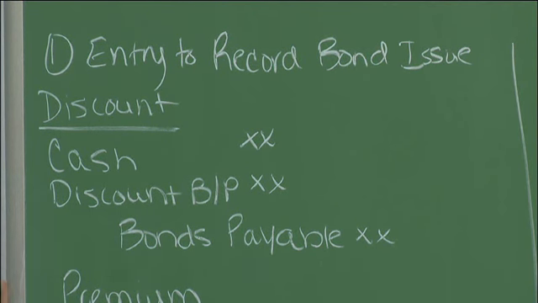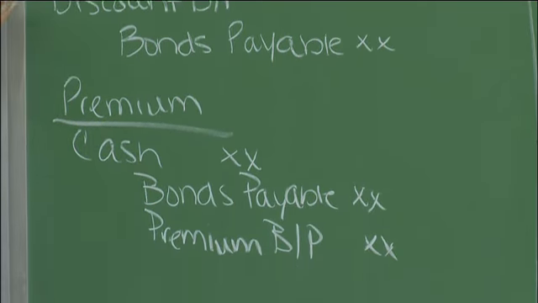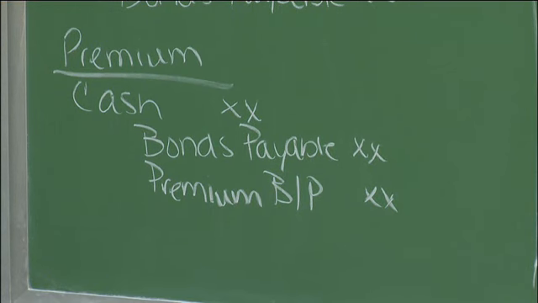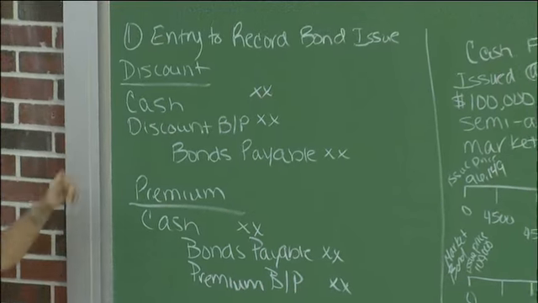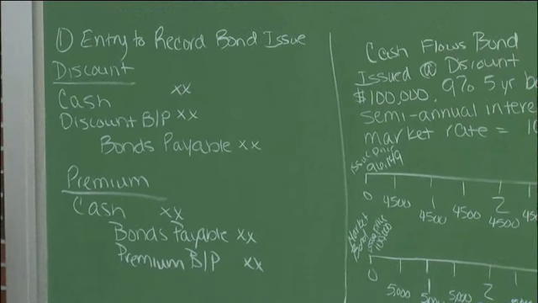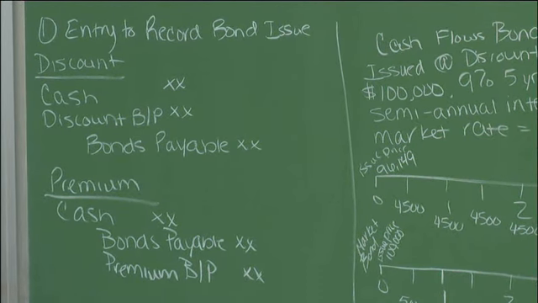So just a reminder, here are the entries that you recorded on your bond issue, whether you issued at a discount or a premium. When you issued at a discount, the cash that you received was less than the amount of the bond. So you debited cash, you debited discount on bonds payable, and you credited bonds payable for that maturity value.